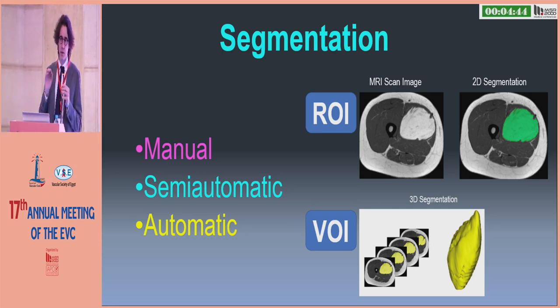Basically, with the paint function of the software, you usually delineate manually the region of interest or the volume of interest. At the moment, most of those analyses are done by radiographers or surgeons or clinicians that actually do the segmentation slice by slice with the paint function.